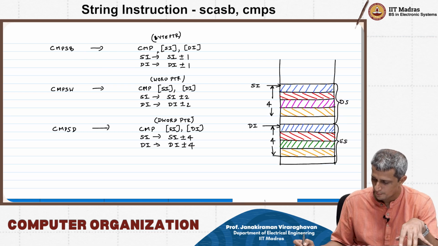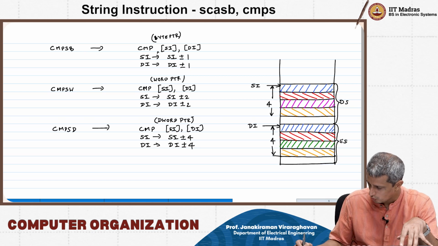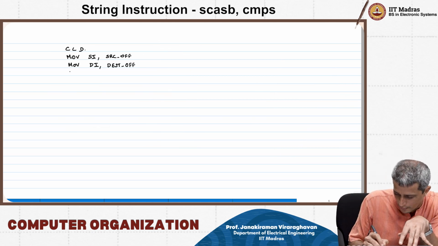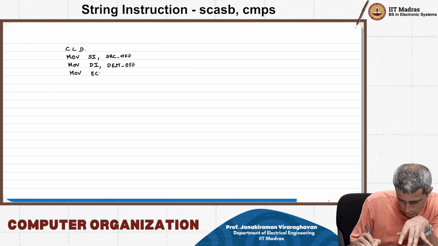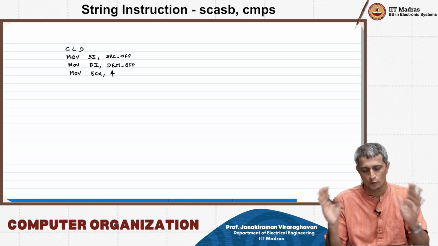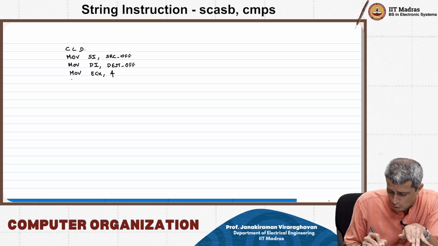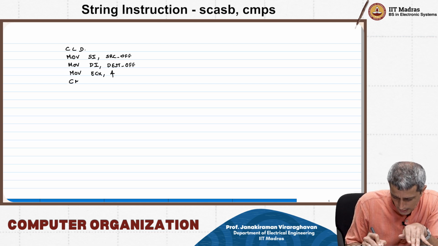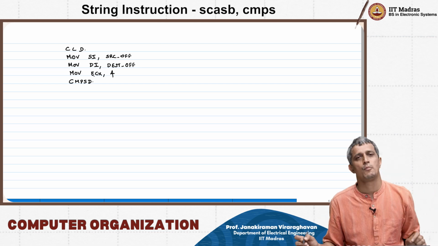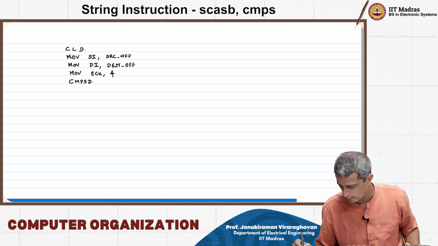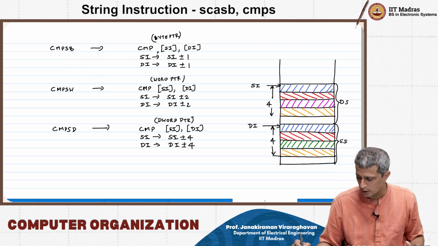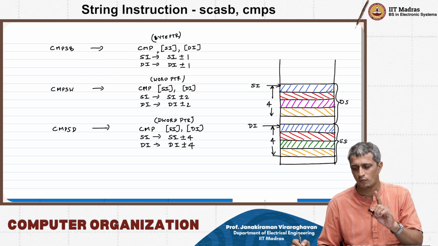So, I am doing that, and then what am I going to do? I am going to load the count, move ECX comma how many? 4, my array size is 4 in this case, right. So, now what am I going to do? I am going to do CMPSD. So, what will happen if I executed just this instruction once?